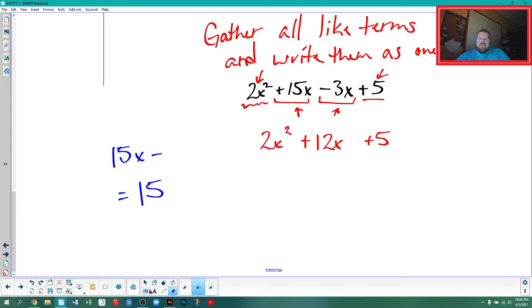And if it helps you, write this as minus 1x. So this is not equal to 15, it's in fact equal to 14x. That would be the right combination there. Okay, but let's move on from there and see what else we have.